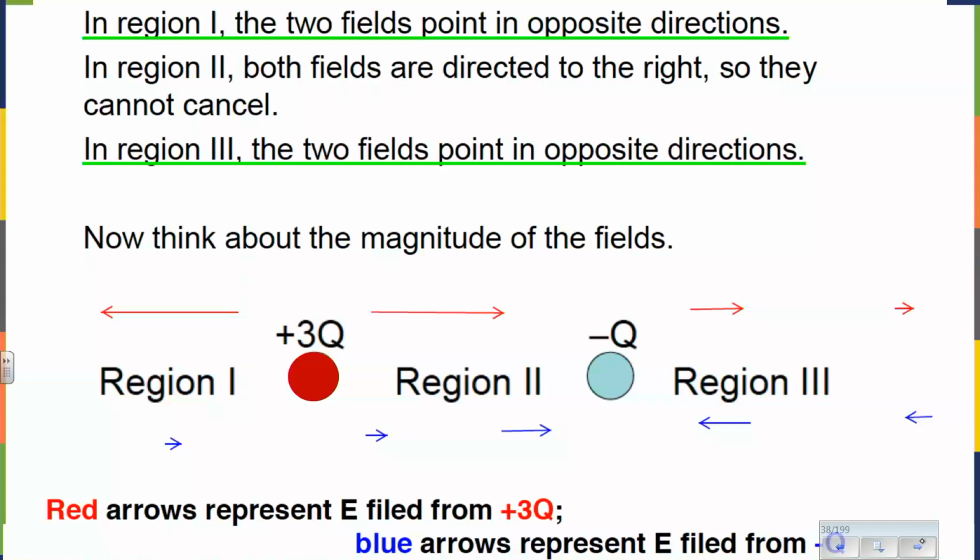Electric field should point at it from all possible directions. So this is an arrow relatively close to the charge, but if we move away, it's getting weaker and weaker. And here, technically, this arrow could have canceled, but in reality, it's not going to happen because this will be much stronger than this one.